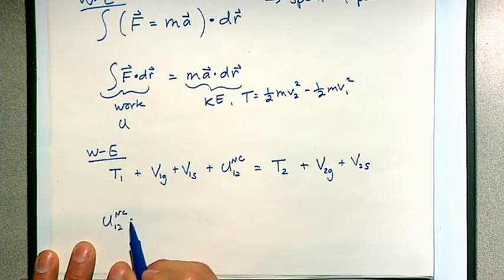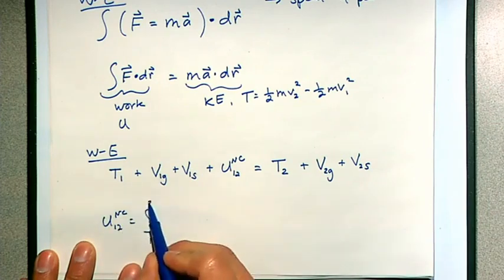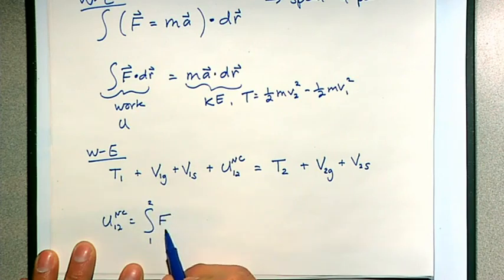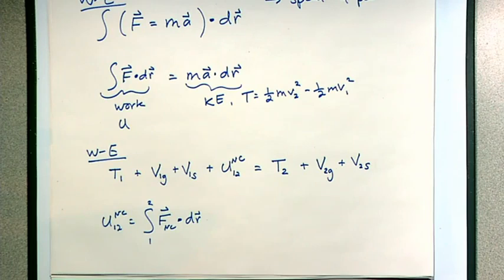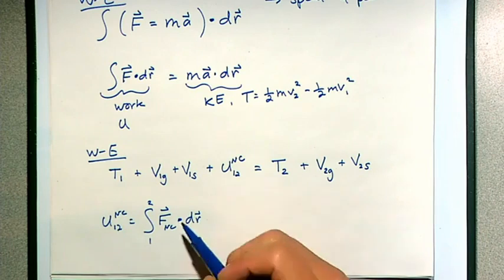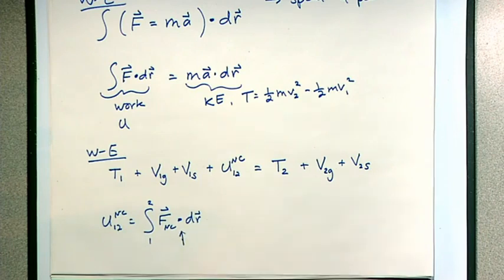So our work integral from state 1 to state 2 of all those non-conservative forces dotted with displacements. Sometimes that was tricky. Sometimes, if your forces were constant over a distance, that integral really just became a multiplication of force times distance, if these forces were constant. Remember that we got a little dot product in here, so it was only the forces in the direction of motion that you cared about.